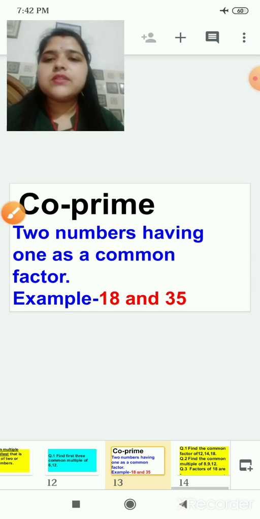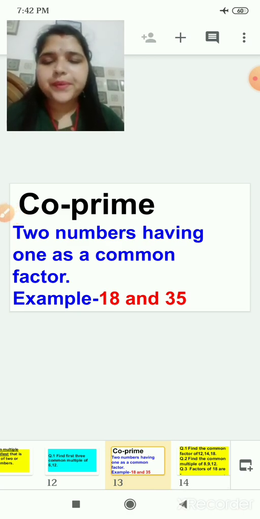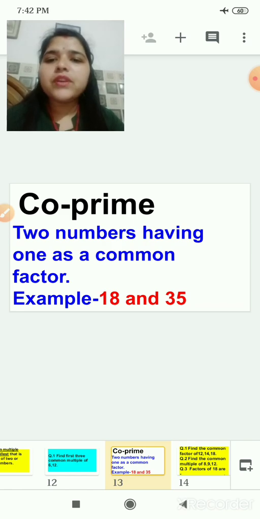Now the next topic is co-prime. As we have discussed even numbers and odd numbers, the next topic is co-prime. Two numbers having 1 as a common factor.